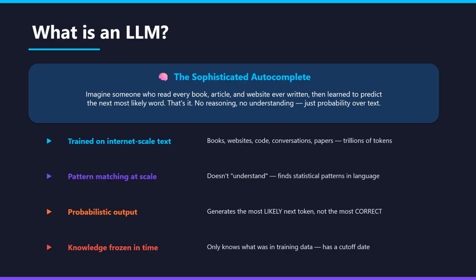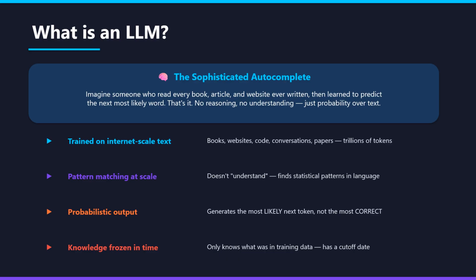Then it predicts the next one and the next one, until it's generated a complete response. Okay, that's it. At its core, it's the world's most sophisticated autocomplete. Your phone's keyboard predicts the next word to write. An LLM just does it at a scale and quality that feels like intelligence.